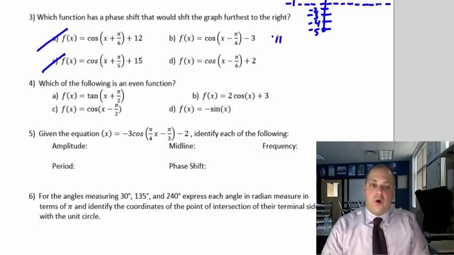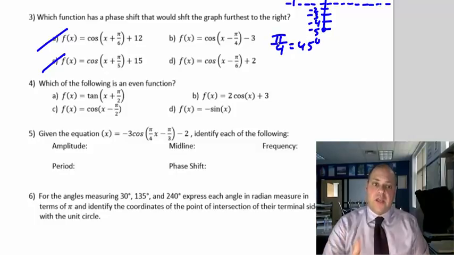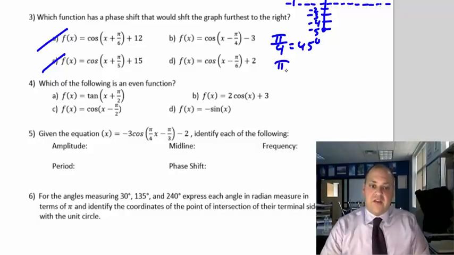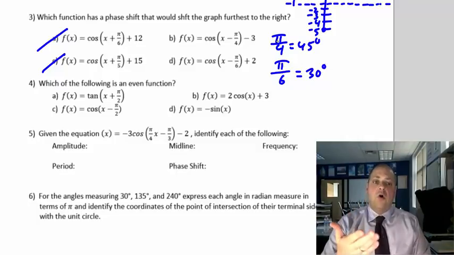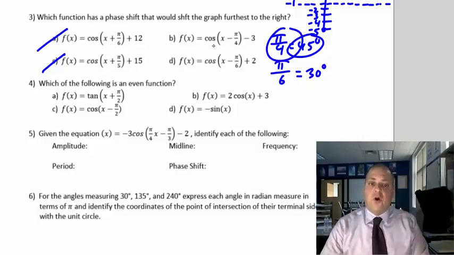Now, pi over 4 is a 45-degree shift to the right, and a pi over 6 is a 30-degree shift to the right. So which one's further right? The pi over 4 is further shifted to the right. That's B.